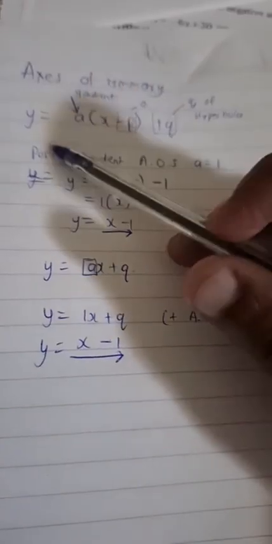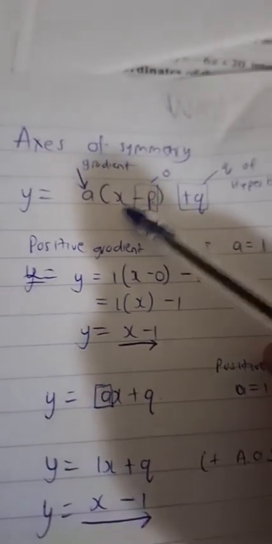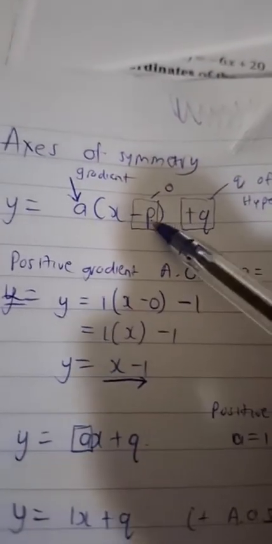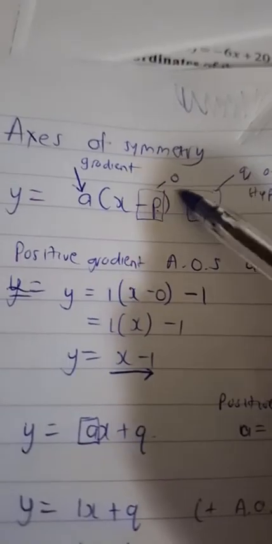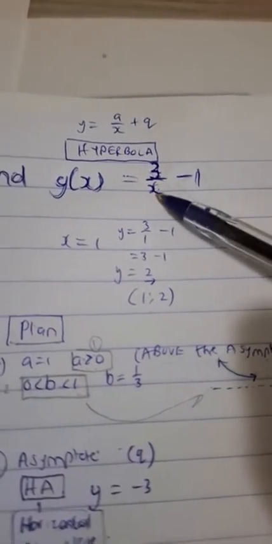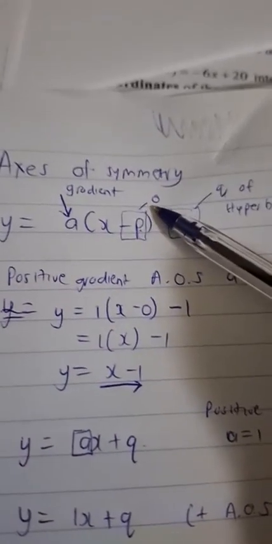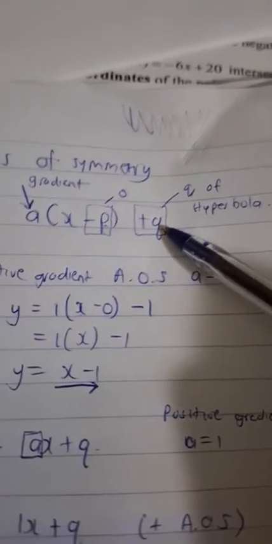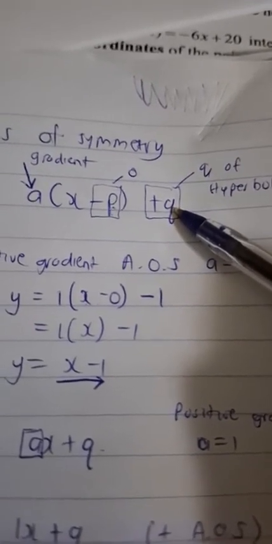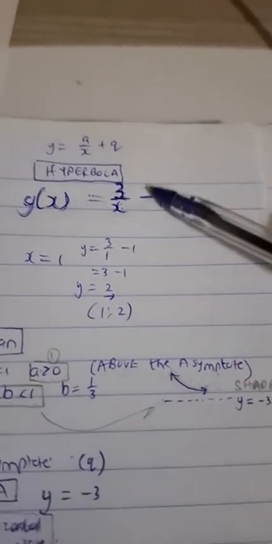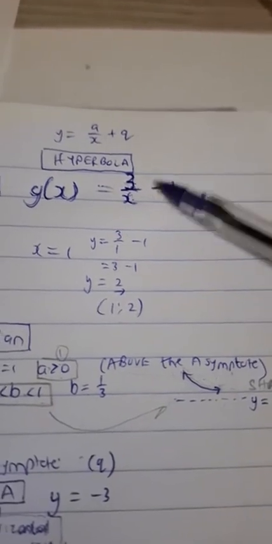So this was the template approach, where you use y is equal to a into x minus p plus q. The p value represents the vertical asymptote. Our vertical asymptote for this particular function in grade 10 is always x is equal to 0. That's why the p value gets substituted with 0. Then q is substituted with the value of the horizontal asymptote, which for our hyperbola was -1.